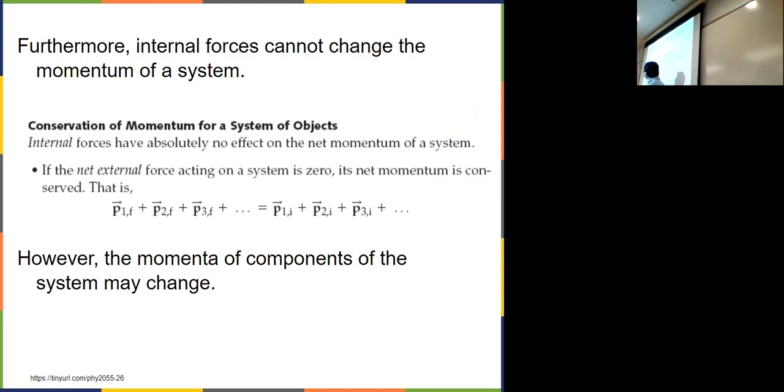Initial should be equal to final, but the momentum for each of the objects might be changing. So for example, P1 final is not necessarily equal to P1 initial, okay? A lot of times it's different. And then P2 initial and P2 final, most of the time they should be different from each other.